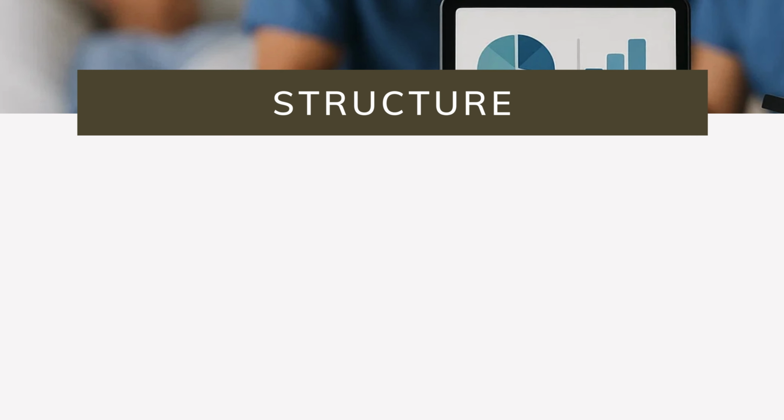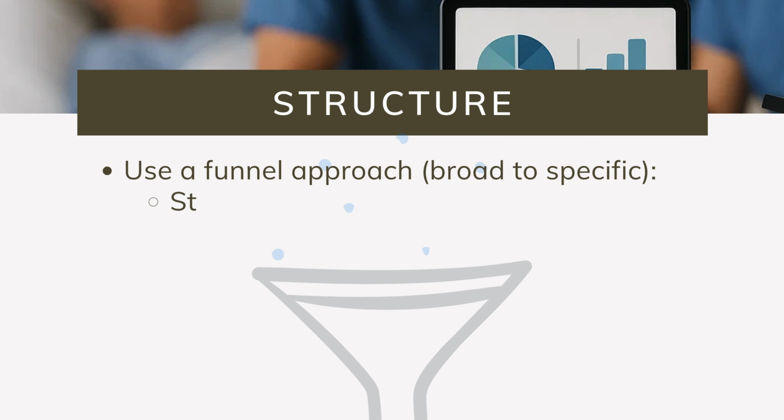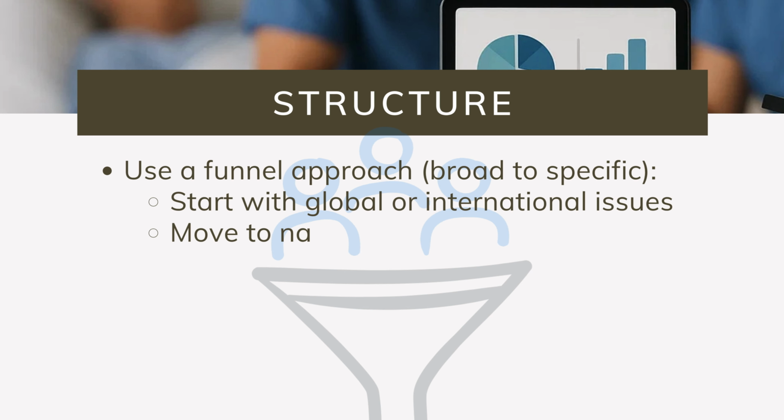Now that we know the importance of the background or the introduction, let us now discuss how we structure this portion. We use what we call a funnel approach. We start with the broad and we narrow down.